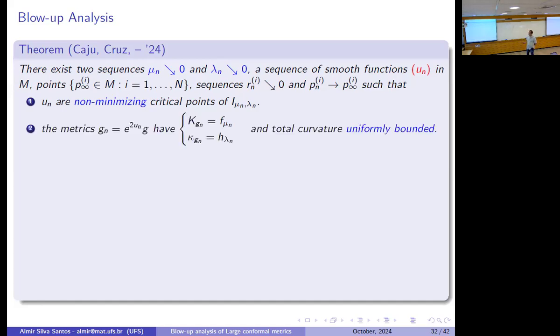The corresponding metric has F(m)n as the Gaussian curvature and H lambda n as the geodesic curvature, and they have total curvature uniformly bounded. I mean, the integral of the norm is uniformly bounded.